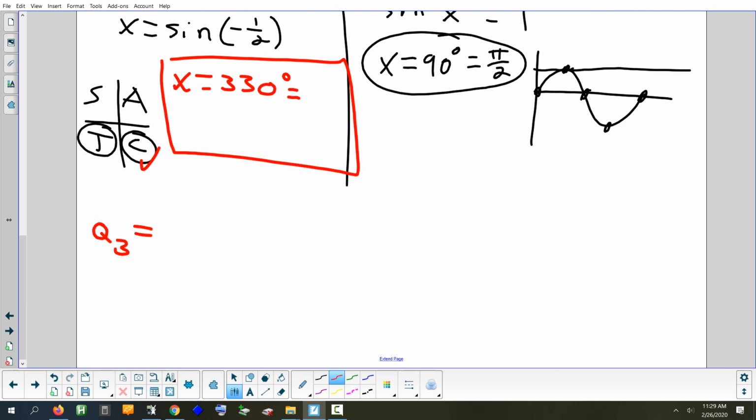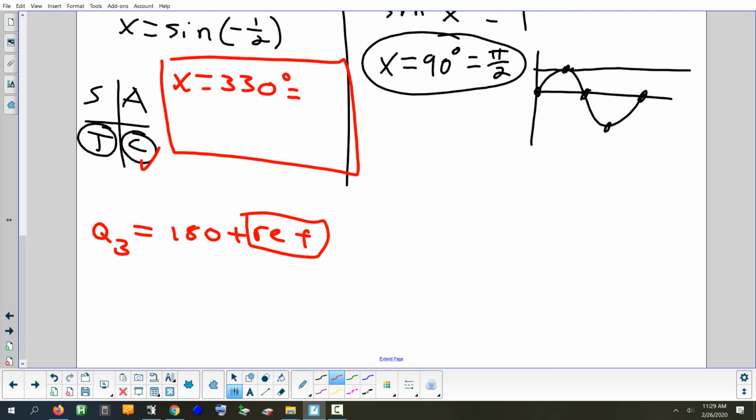What's the formula for quadrant 3? 270 minus the reference angle? No. For these formulas, we never use the 270. It's either 360 or 180 plus the reference angle. So all you need to do to get the other answer is figure out that.